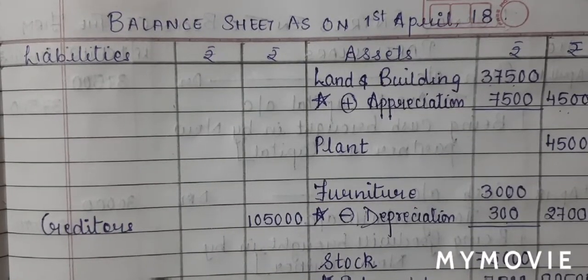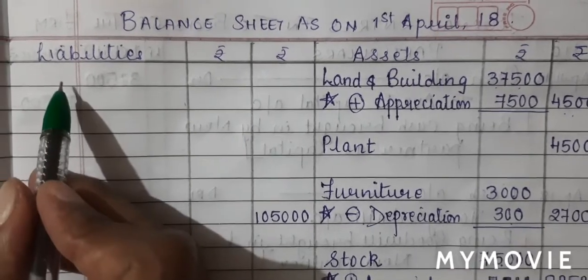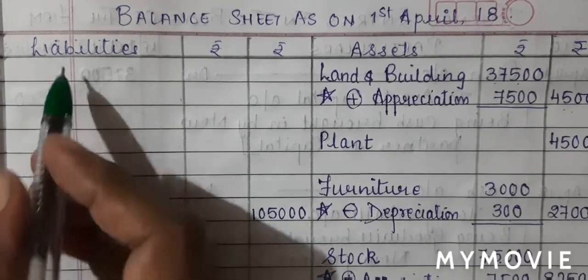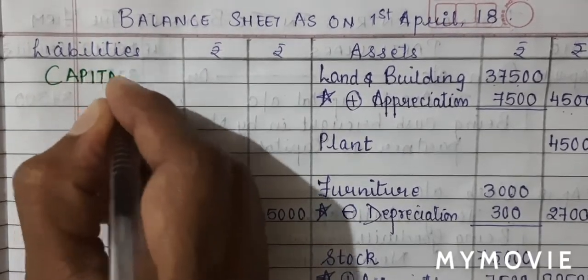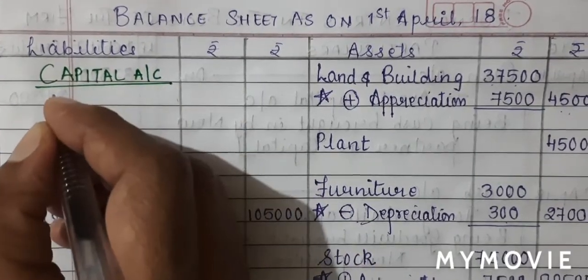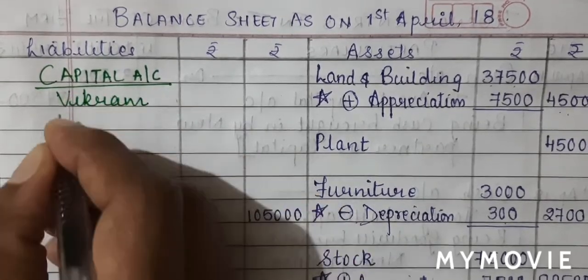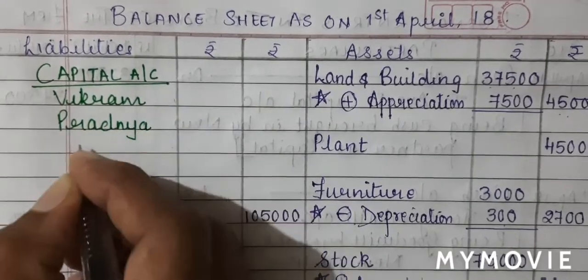So students, we have found out the capital, and you know capital is always written on the liability side. So we will go backward. We will start from liability side. So on the liability side, I will write capital account, underline it, write the names of the partner, that is Vikram, Pradnya and Avni.